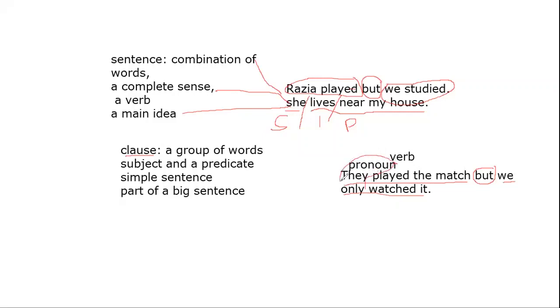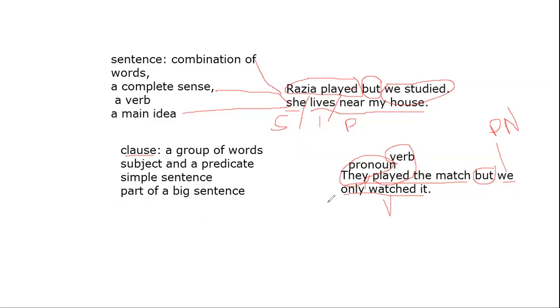Are you getting it? Played is the verb. Similarly, we is the pronoun. I'm writing PN for pronoun. Washed is the verb. Okay.